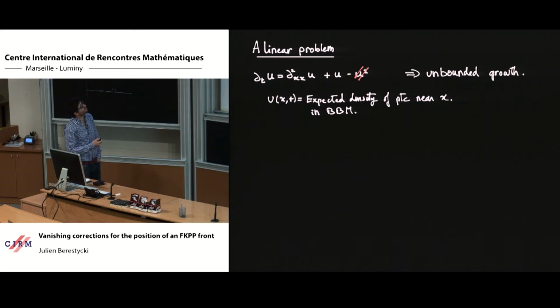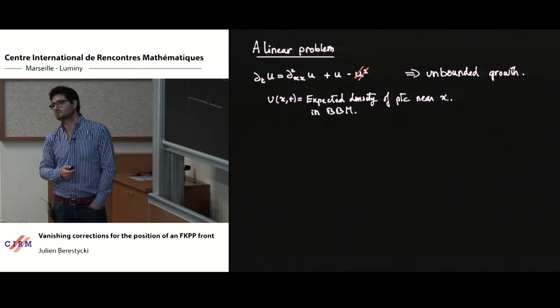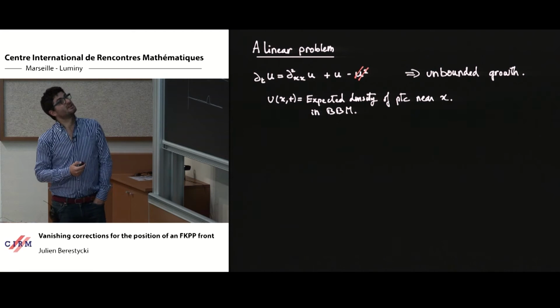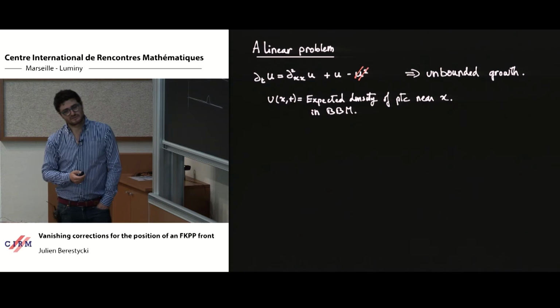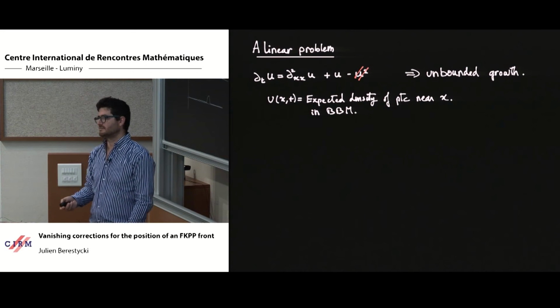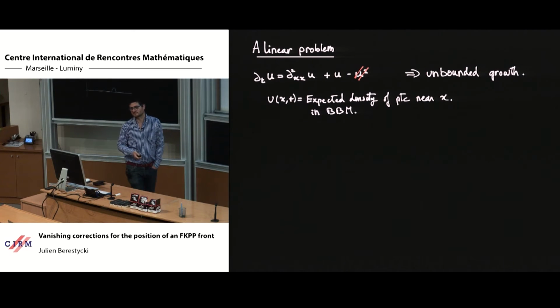I'm going to get rid of the u squared term. Then the equation is ∂_t u minus Laplacian u plus u, so this is now just the heat equation plus a growth term, and of course you have unbounded growth. If you look at the solution, u(x,t) is just the expected density of particles near position x at time t if you start from one particle at 0. If you hope to get something that looks like a traveling wave, it's not good.